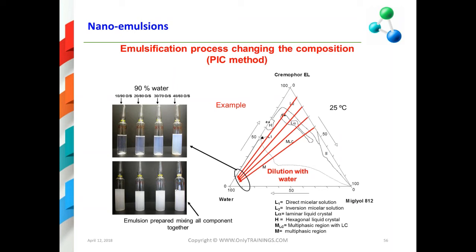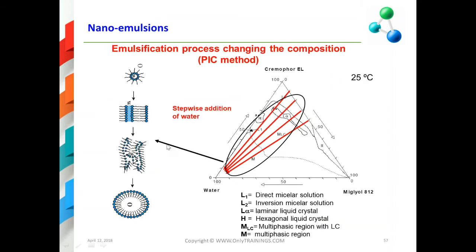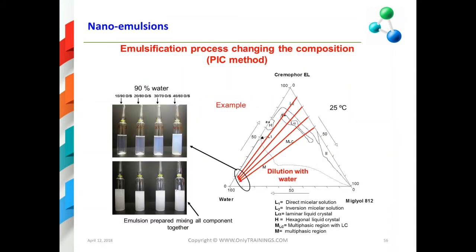Okay, in all cases, a transparent to bluish liquid dispersion appears after addition of approximately 50% of water to the oil surfactants, from a ratio 10 to 90 to 40 to 60.